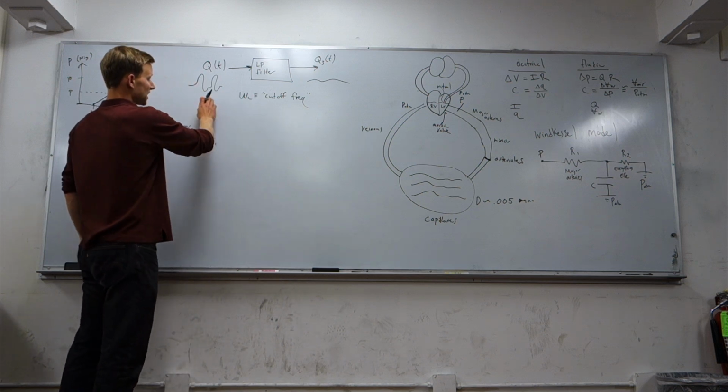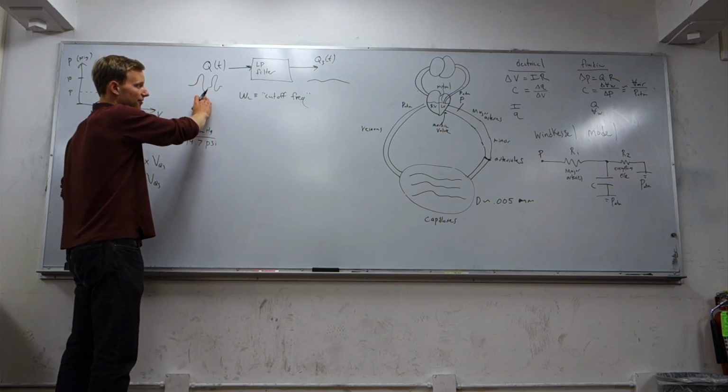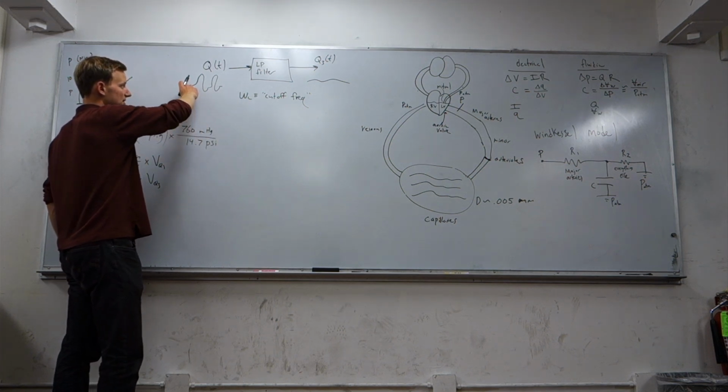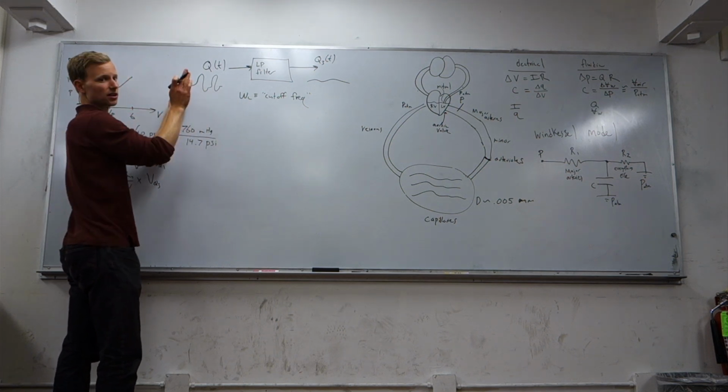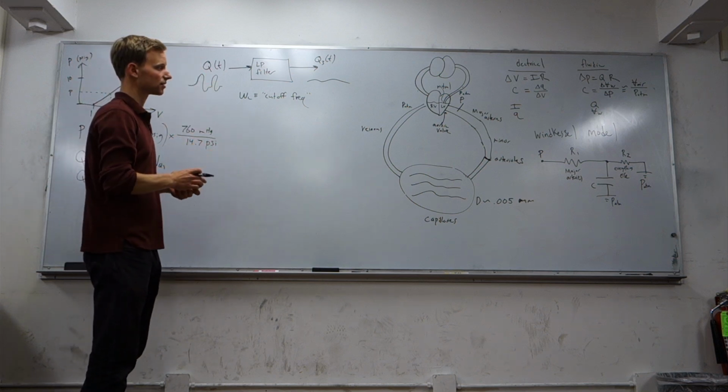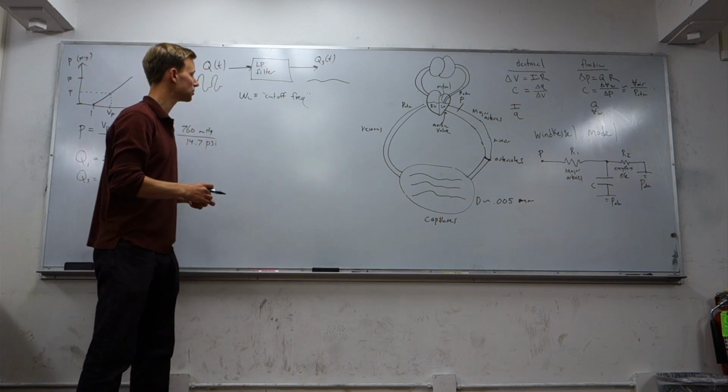Which requires us to understand how our input can be composed of different frequencies. So this input signal here can be seen as a superposition of a bunch of sines and cosines. This is called Fourier analysis, and it's a super important engineering concept. It's also super cool.